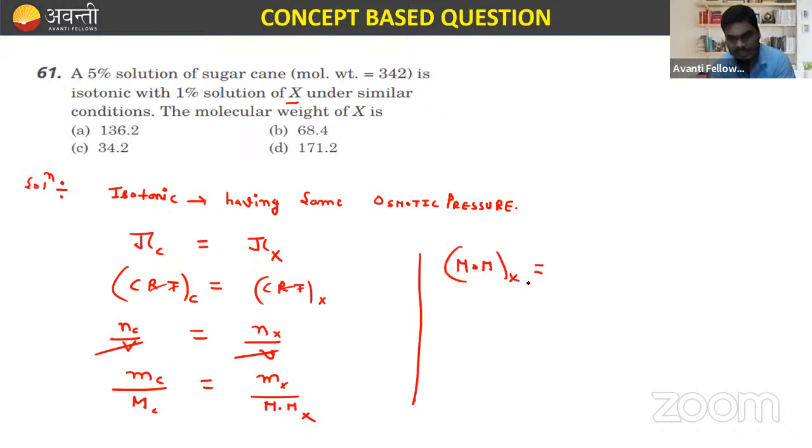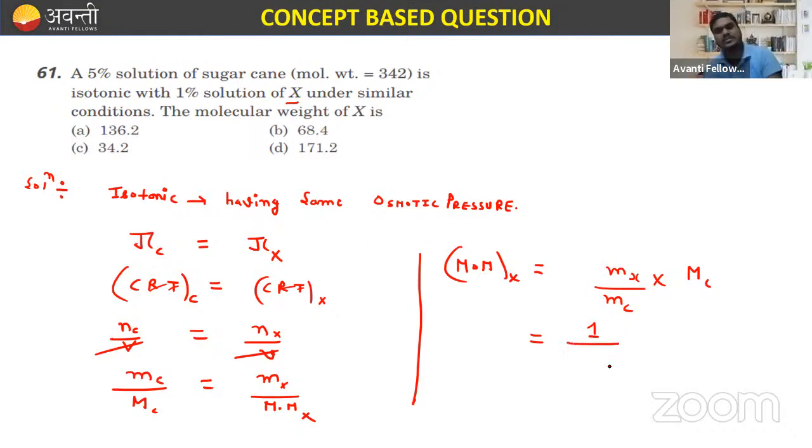Now you need to calculate. This comes out to be M_X equals the mass of the solute divided by the mass of the cane sugar, multiplied by the molar mass of the cane sugar. What is the mass of the unknown solute, beta? 1% means 1 gram out of 100.